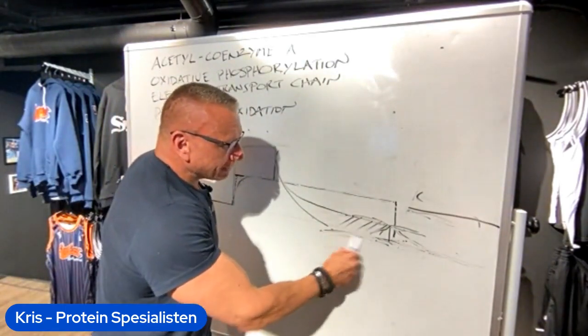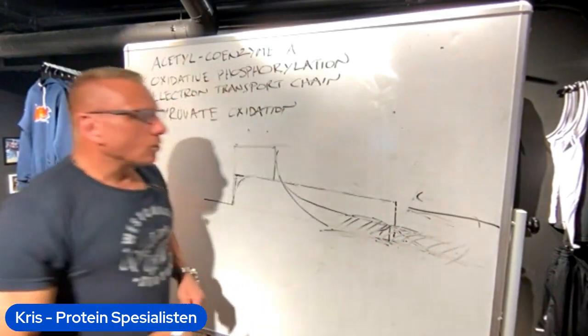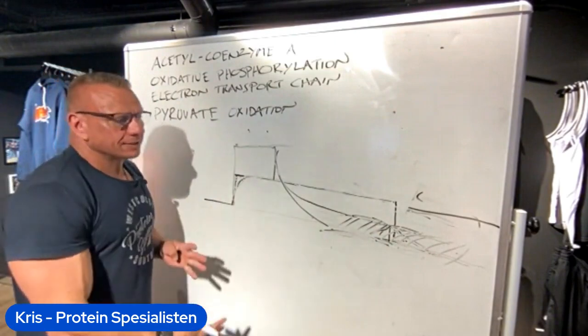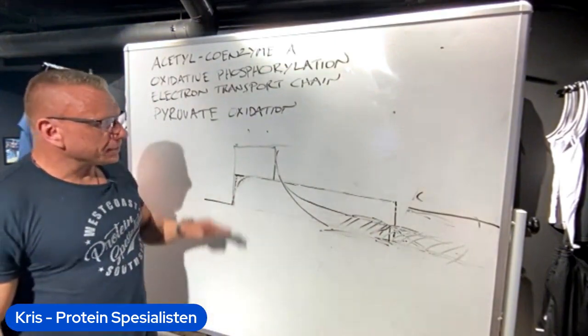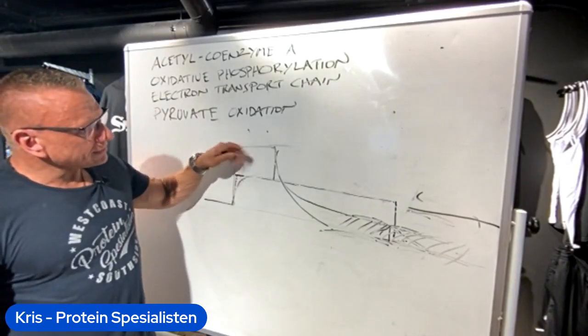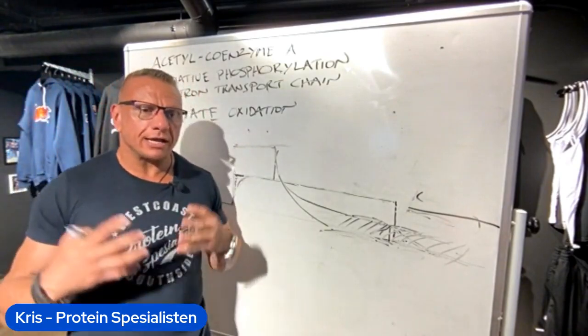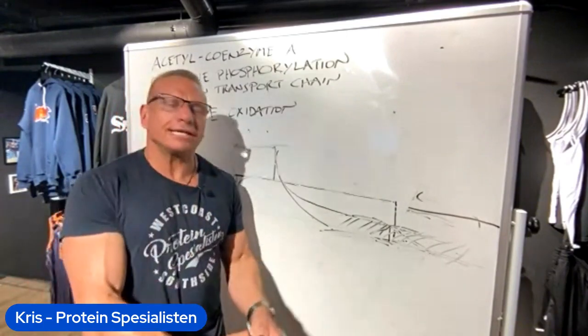But if we're elevated from our baseline, this would be us burning fat all the next day, all the rest of the day, all the day after, because we have trained super intense. So high intensity will actually have a high amount of fat burning post exercise.